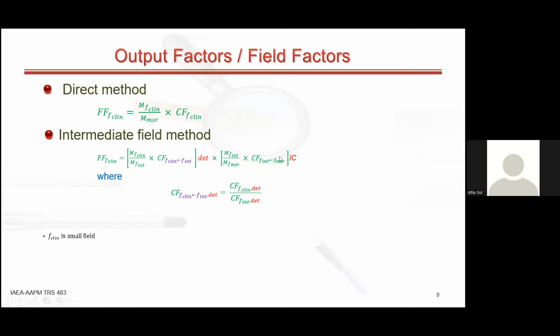For that purpose, this correction factor becomes 1, and the correction factor from intermediate to small field we can determine from this formula. Again, the values of these correction factors can be acquired from TRS 483. So these are two methods that can be used for small field output factor measurement.